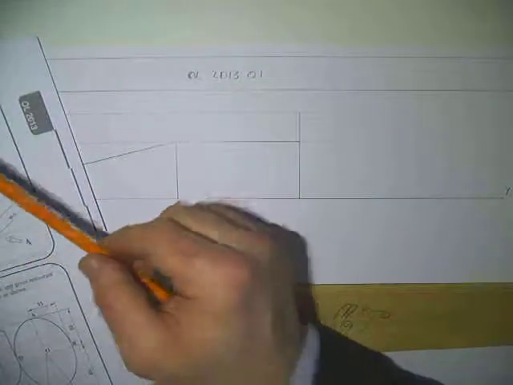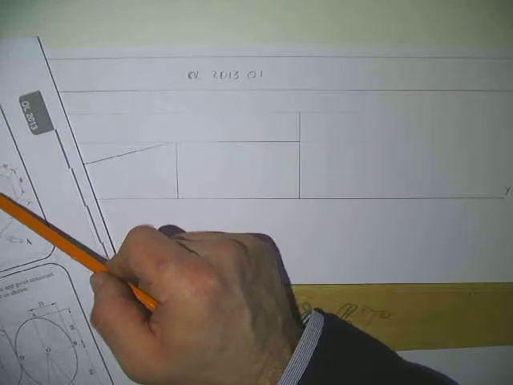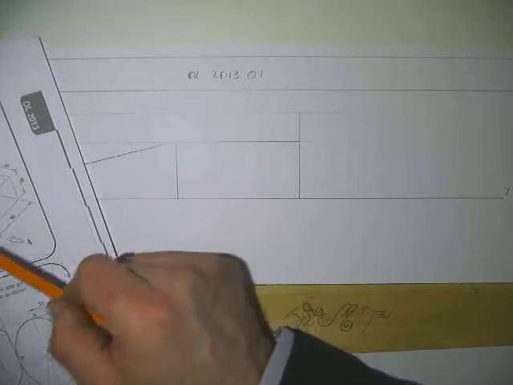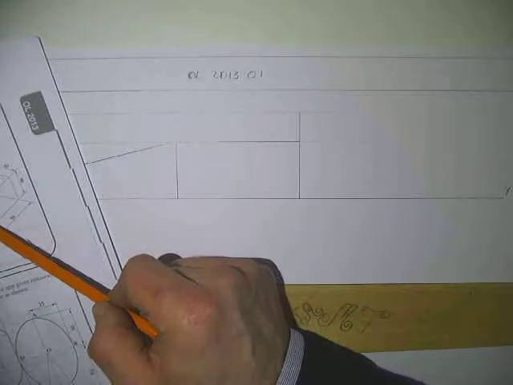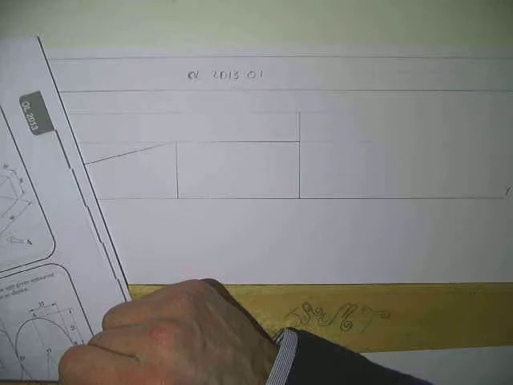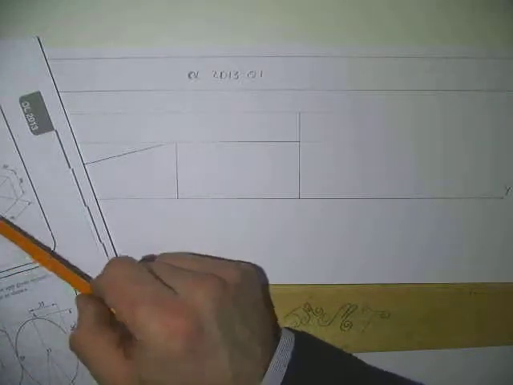Next is this surface here. I know the height of it, but I don't know the distance between here and here. I don't know the length of this line because you can see this is a curve. So in order to find the length of that line, I must first of all start to draw the plan and draw the curve on here.